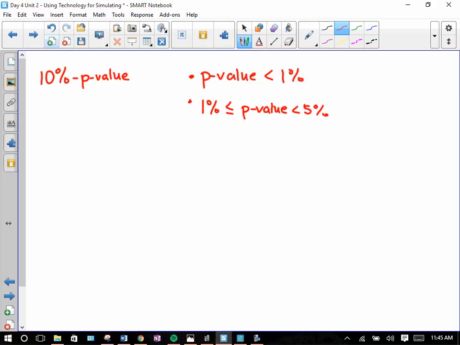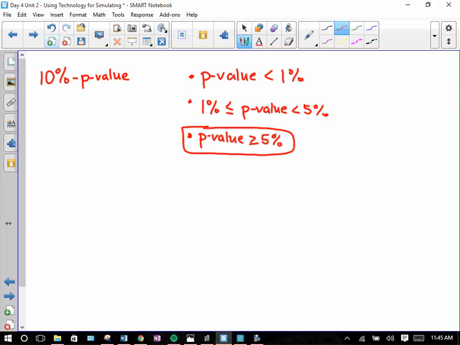Is 10% between 1% and 5%? No. And the final one said our p-value was greater than or equal to 5%. So our p-value is greater than 5%, and we're using this guideline.